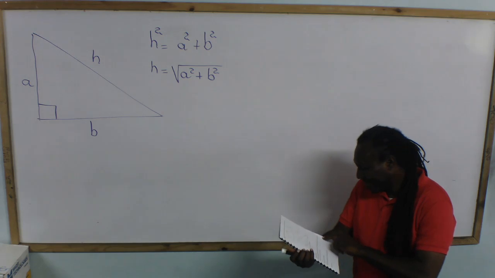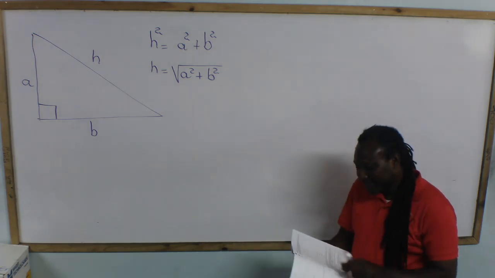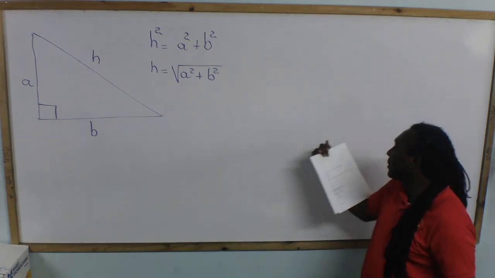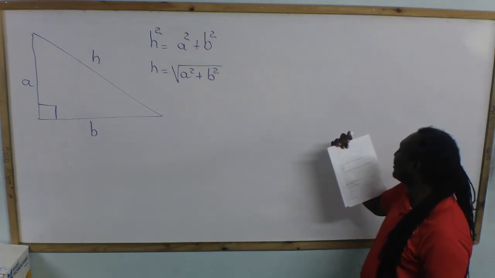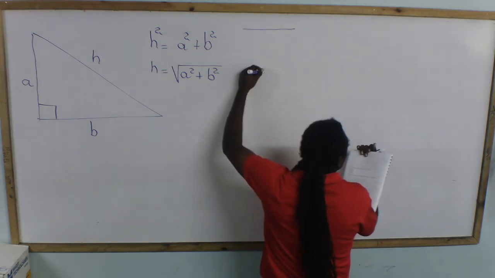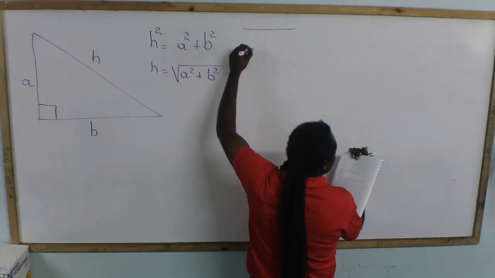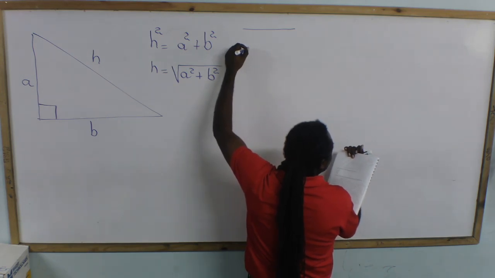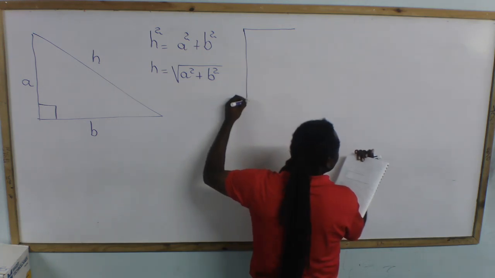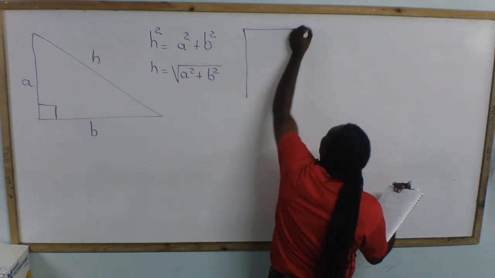So I'm going to take my instructional manual and I'm going to check. So we have 3 right angle triangles right there. Somebody saying that that is easy.